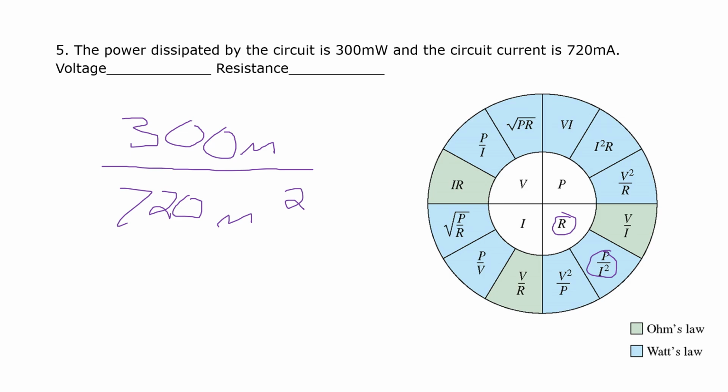So that comes up to be 578. That's 8, totally 8. There's a decimal there. 704 milli. That's a nice, pretty omega symbol for you.